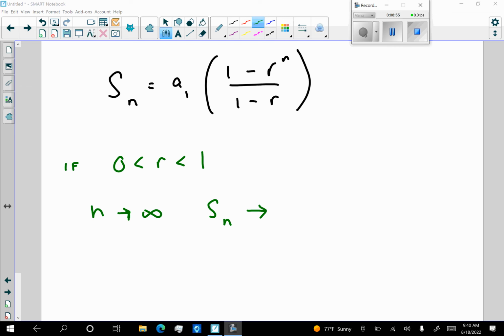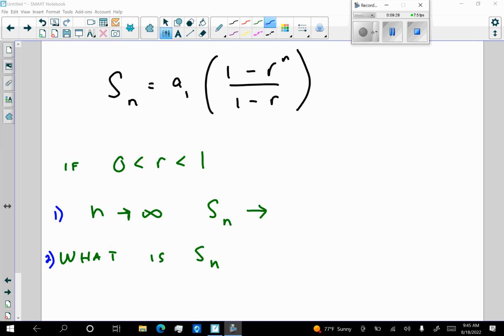Before you answer this question: as n goes to infinity, what is S sub n? This is a very important question. Before I answer, let's try to figure out what S sub n is if n goes to infinity.